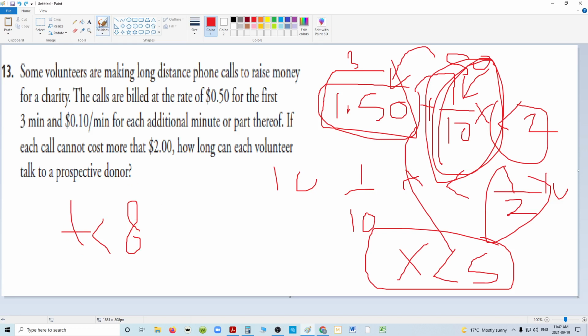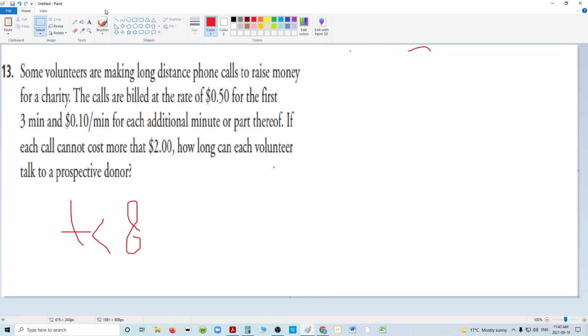Now I think it would have also worked if I'd included x in the first one, and I said 0.5x plus 0.1x must be smaller than 2. Let's see.